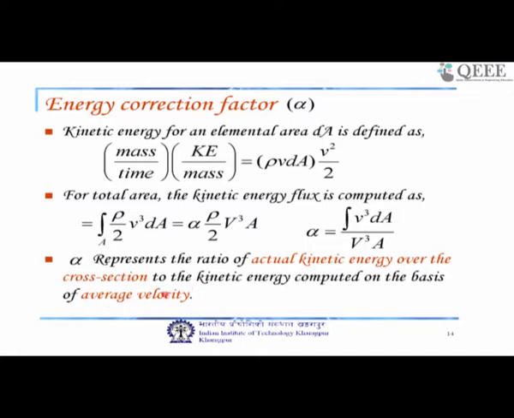Obviously, if we are considering the longitudinal component of the velocity, there will be some amount of error associated with that. We need to correct that. So, alpha we can think of as the correction factor corresponding to the energy.